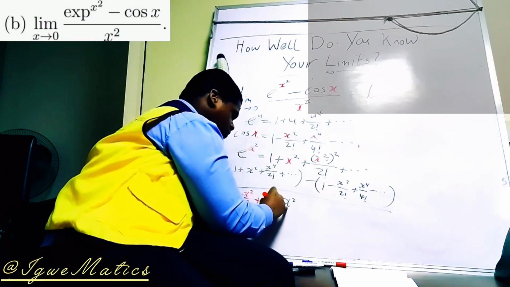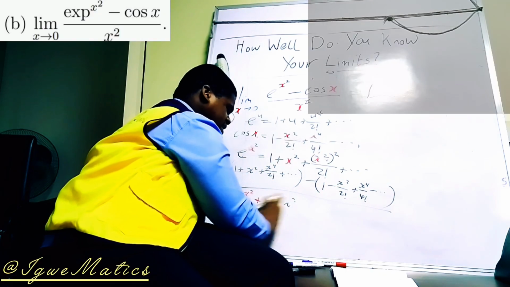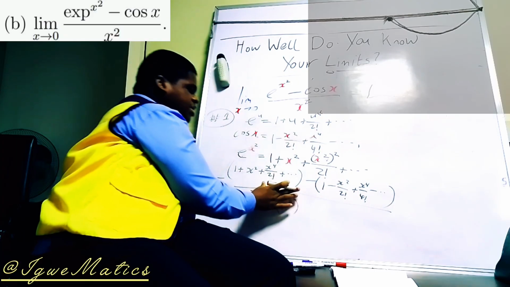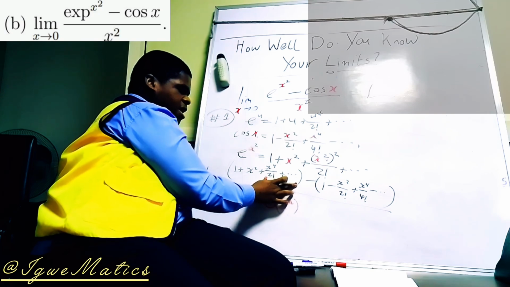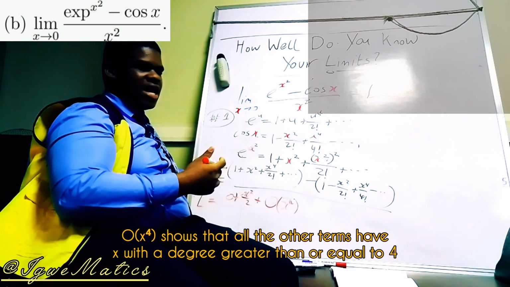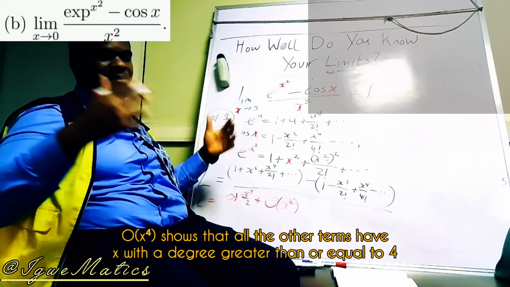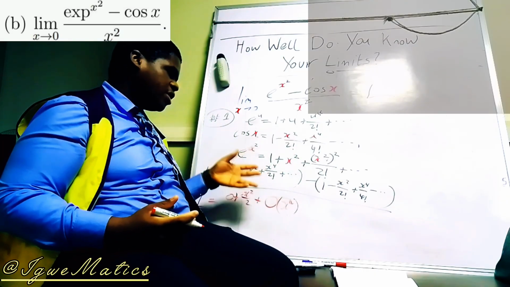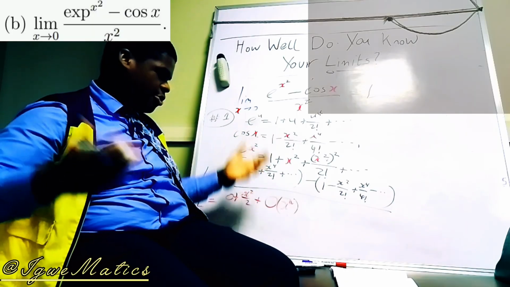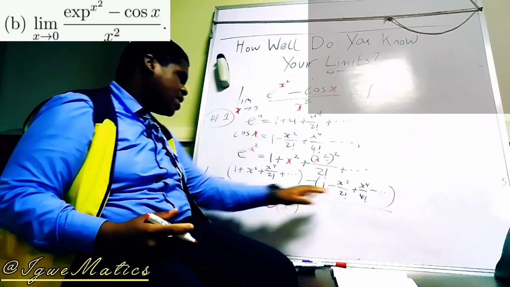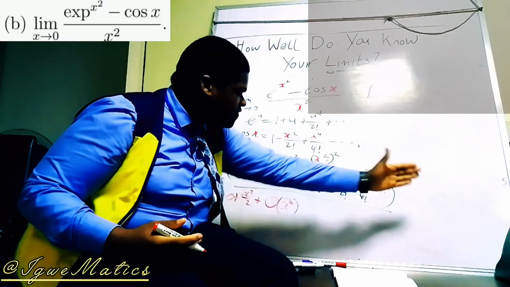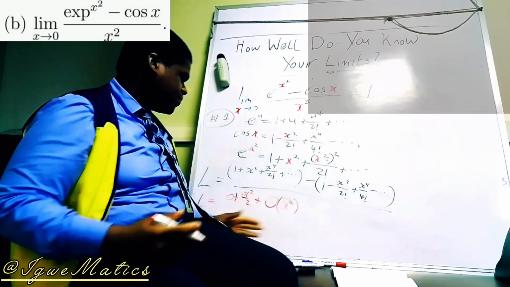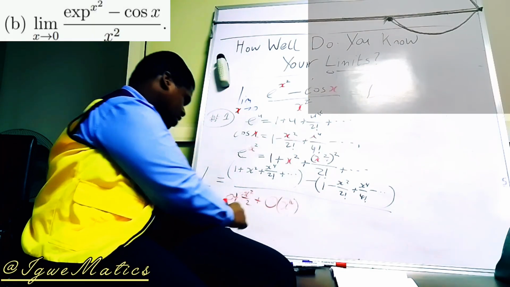That was basically x to the power of 4, or let us use the term O of x to the power of 4, which means all the terms greater than x to the power of 4 over 2 factorial would have a higher degree than 4. And the same thing happens here: all the terms after x to the power of 4 over 4 factorial would have higher degrees than 4. So let us use O of x to the power of 4 here.